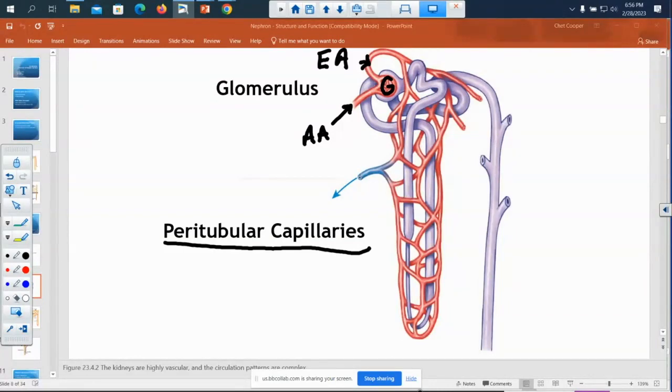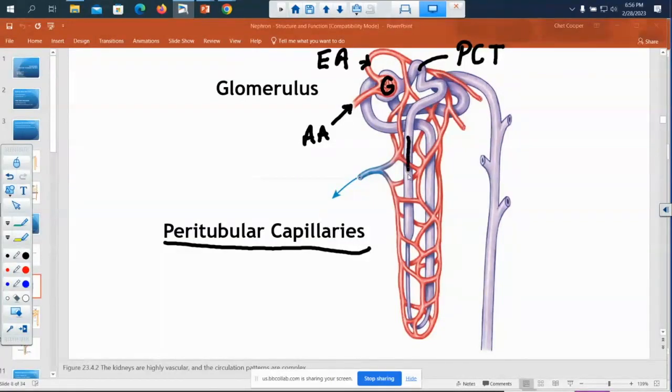But yeah, what we want to do is follow the nephron. So what are we going to call the nephron tube right there? Proximal convoluted tubule.